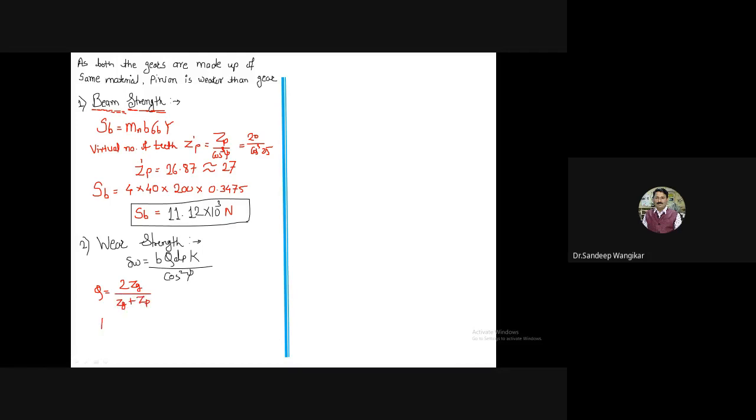K, as both the gears are made of steel and a 20-degree full depth involute system is used, we will use the formula 0.16 into BHN divided by 100 square. Calculate DP also: for a helical gear it is MN ZP divided by cos of psi. Calculate these three values and put them in the equation for SW.